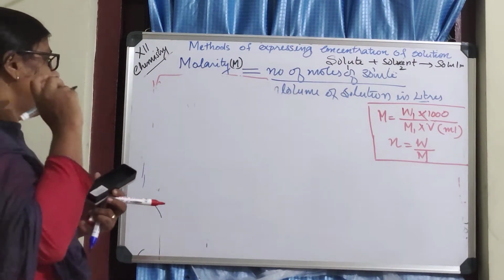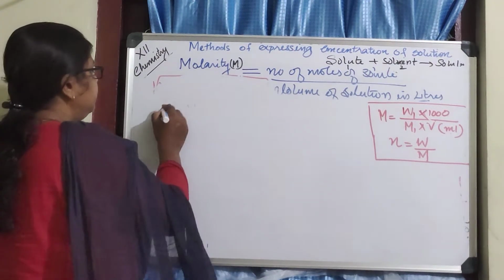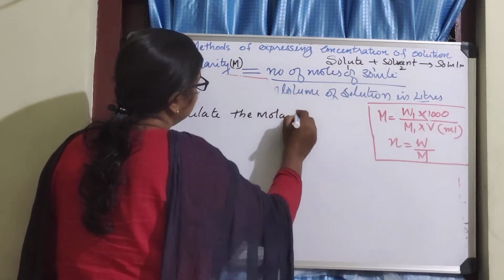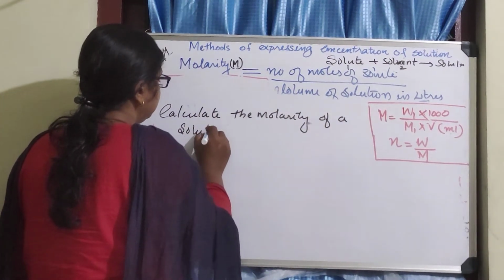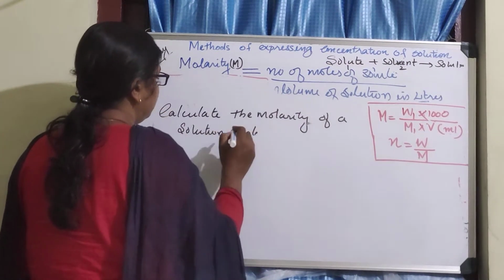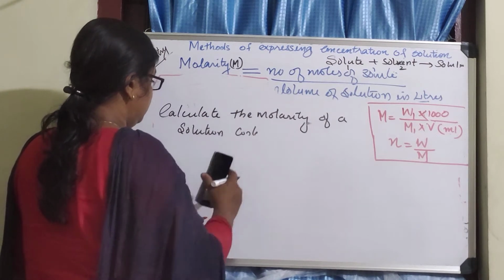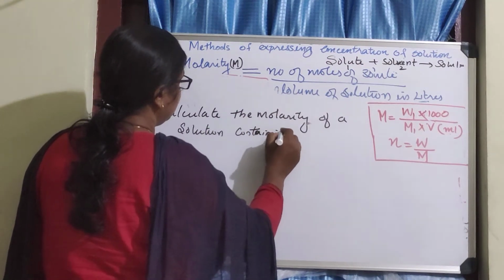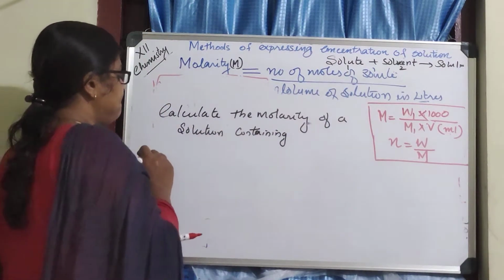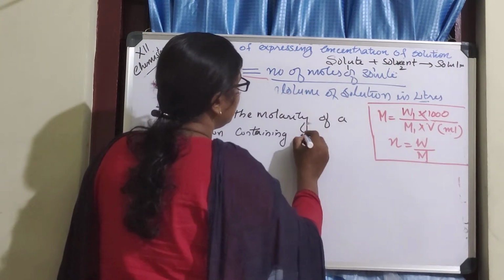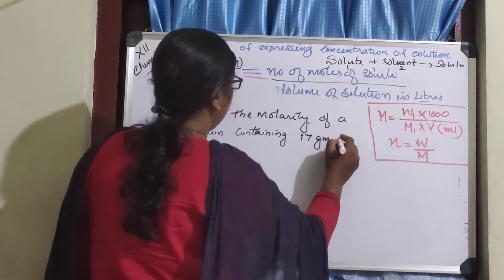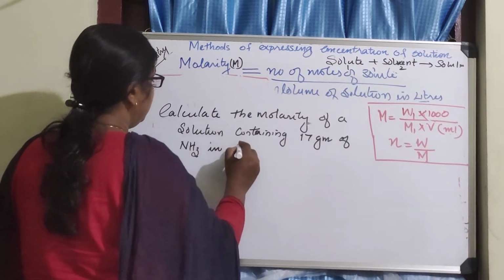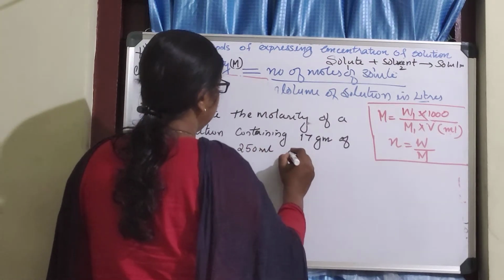Now, we'll write the first question. Calculate the molarity of a solution containing 17 gram of NH3 in 250 ml solution.